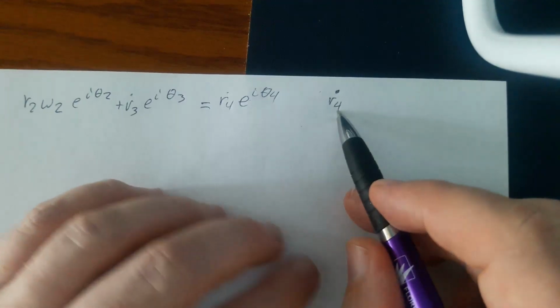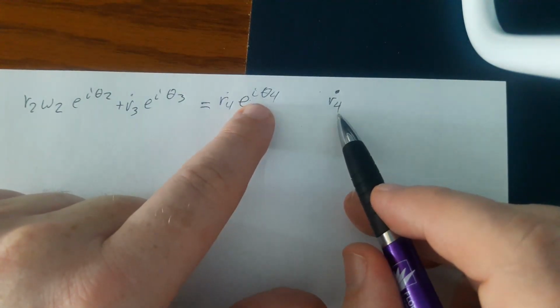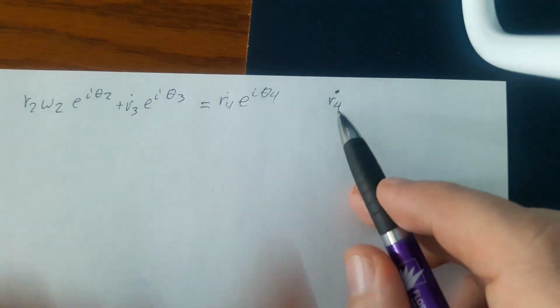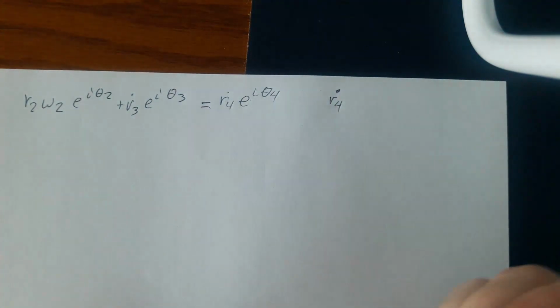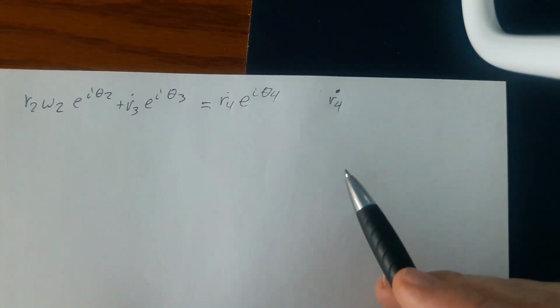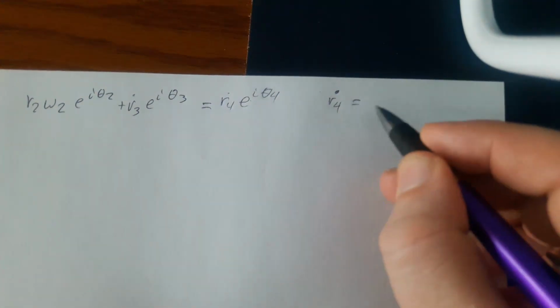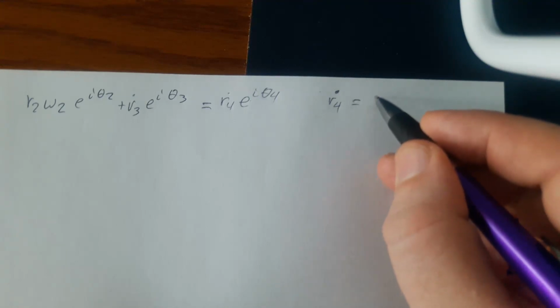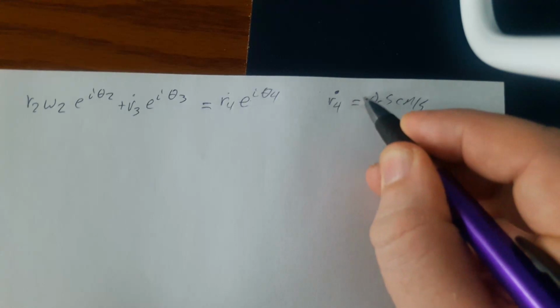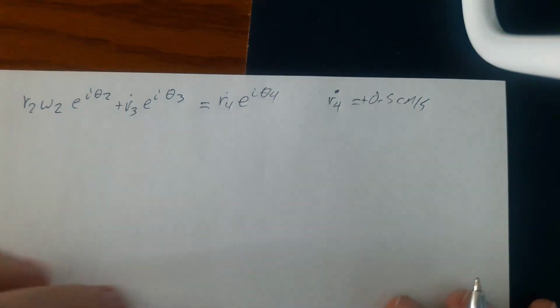So R4 dot is negative, but e to the i theta 4 is 180. So it's a positive R4 dot in the negative direction. So the negative is taken care of by the e to the i theta 4 term. So we have R4 dot is equal to 0.5 centimeters per second, and that's positive.